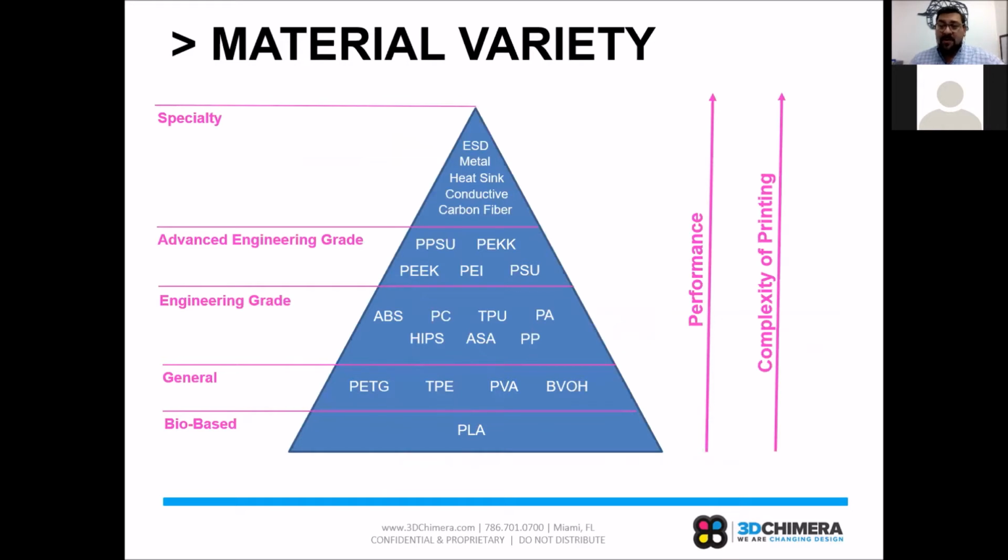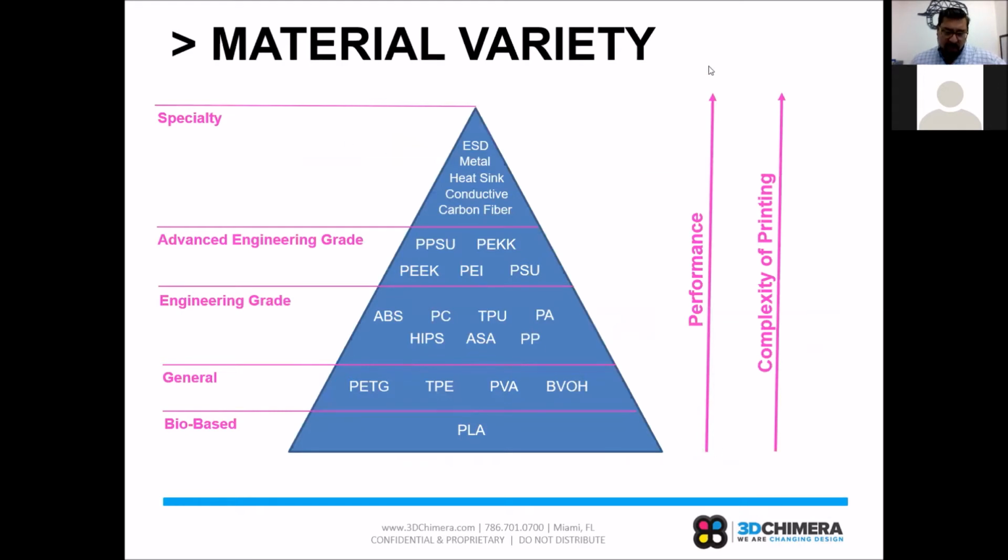There's actually a company out there that's making polymers that can be used for heat sinks, which is super cool, conductive parts, and parts that are reinforced with materials like glass fiber and carbon fiber. These types of specialty materials are really pushing the game with 3D printing and allowing for applications that otherwise, even just a few years ago, were not even possible.